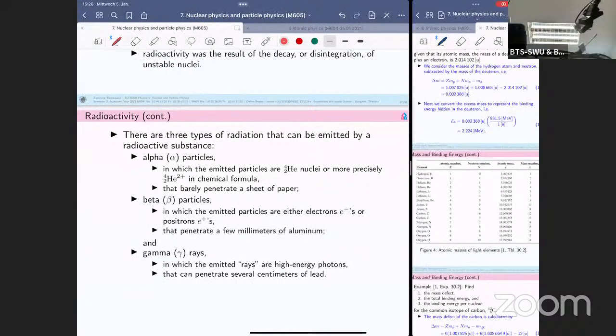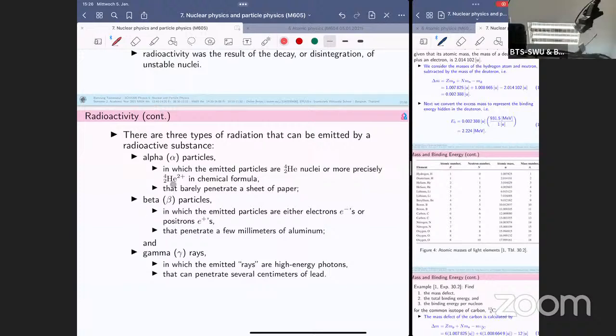There are three types of radiation that can be emitted by radioactive substances. The first one is alpha particles, the second one is beta particles, and the third one is gamma rays. What is the meaning of alpha particle?